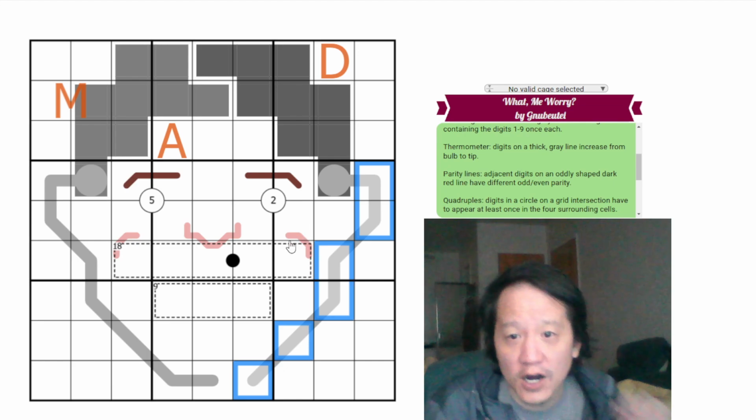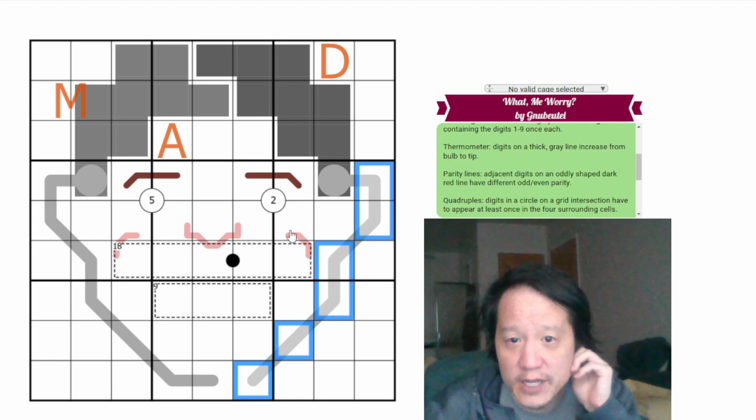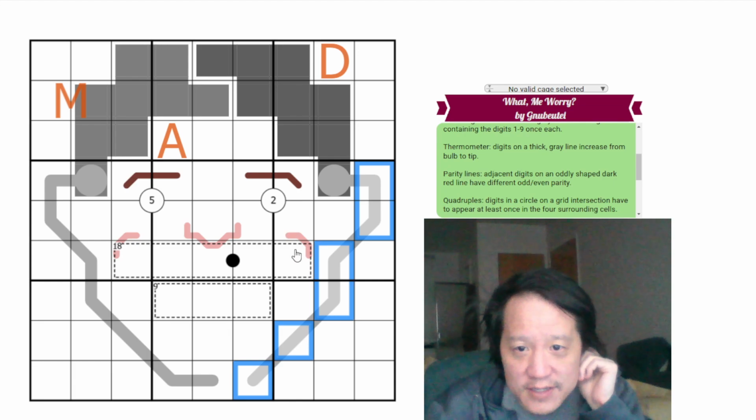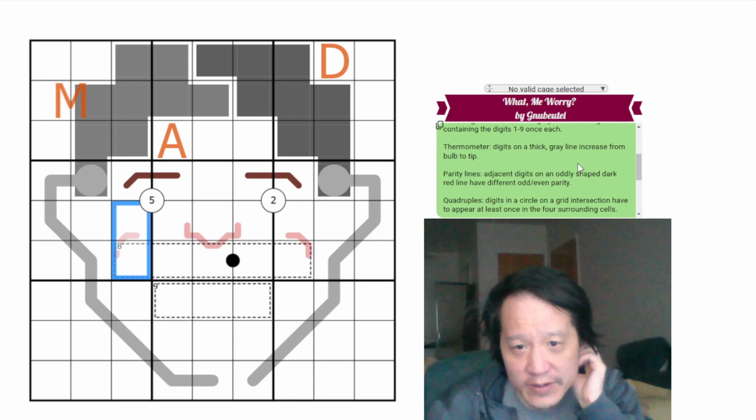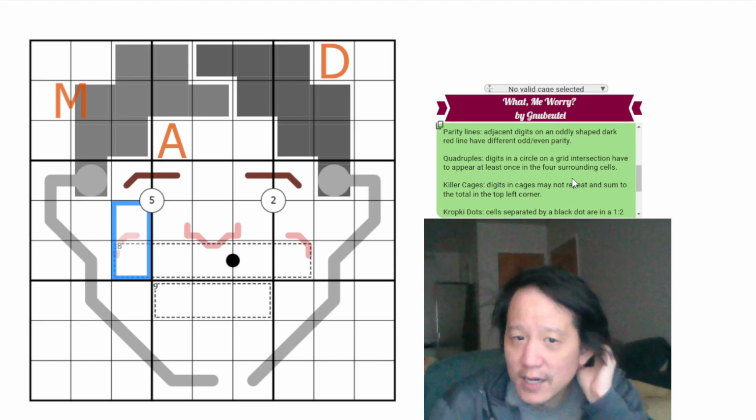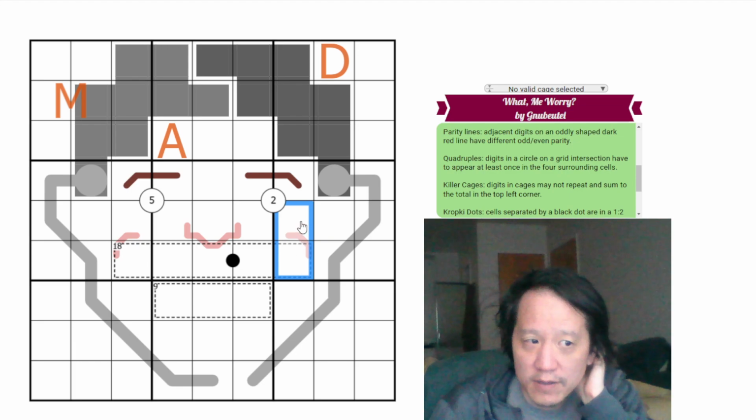Parity lines. Adjacent digits on an oddly shaped dark red line have different odd even parities. Okay, so I think this is one parity line. I think this is one parity line. I think this is one parity line. Which means that you have a different parity between adjacent cells on that line.